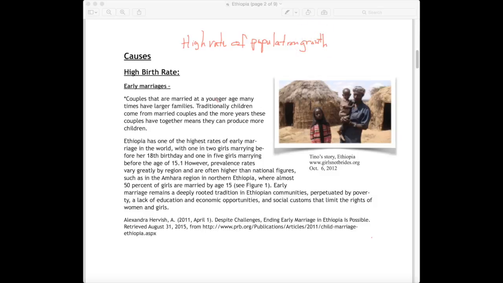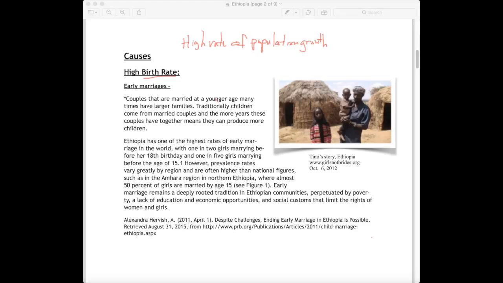So Ethiopia has a high rate of population growth. So what are the causes of a high rate of population growth? Well, on one end, we'll talk about death rate later, but first off, you have to have a high birth rate. So we saw that Ethiopia does have a high birth rate, so that fits with Ethiopia.